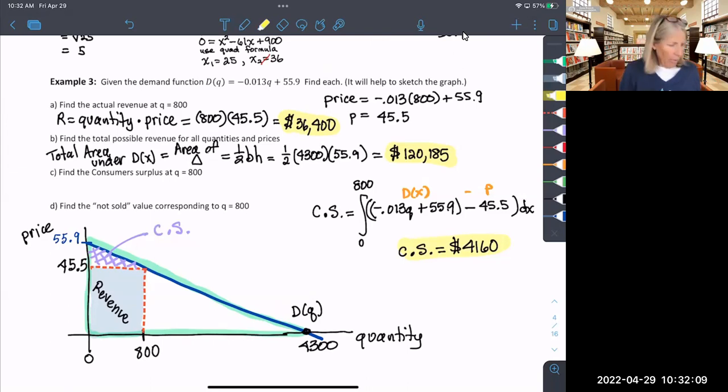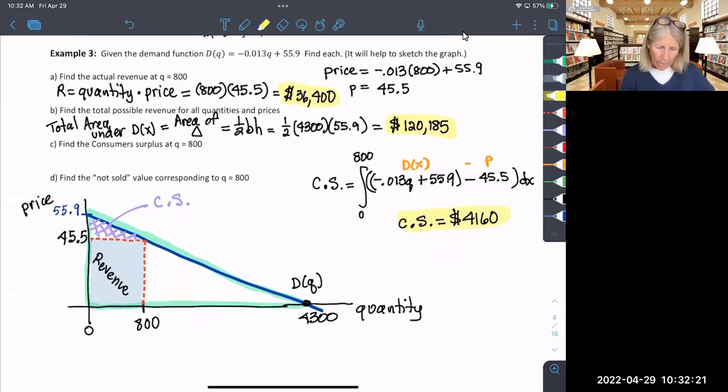Okay, so now here's the tricky question that can be tough because we really haven't talked about this. So that's why we need to talk about it here, where it says find the not sold value corresponding to a quantity of 800. So if you sell a quantity of 800, we see the consumer surplus. So when they're talking about the not sold value, they're talking about this section right in here.